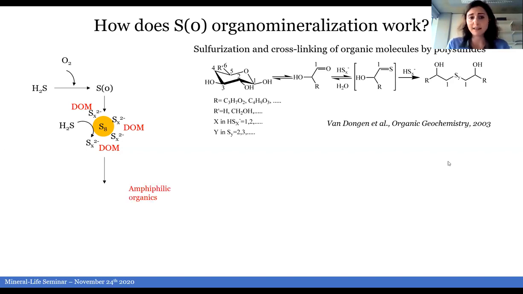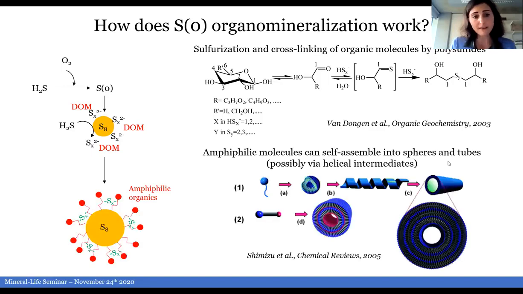What we think is that along the way, amphiphilic molecules are formed during this process. And for example, an amphiphilic molecule could be something that looks like a fatty acid. So it has a long carbon non-polar tail and a polar head, like a carboxylic group. And these amphiphilic molecules, you may know that they are known to self-assemble into vesicles. And they can form spheres, and they can form tubes. They can even form helical tubes.